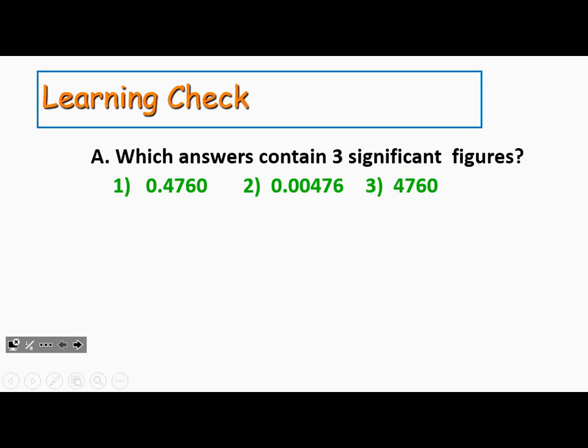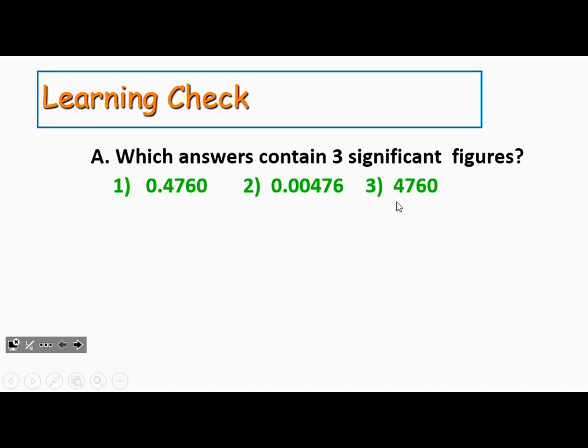As I look at that, where are we at? Lewis, how many sig figs are on number 1 there? There are 4 sig figs on number 1, so number 1 is not a correct answer. How many sig figs here on number 2, Cindy? There are 3 sig figs there, so that would be a correct answer.